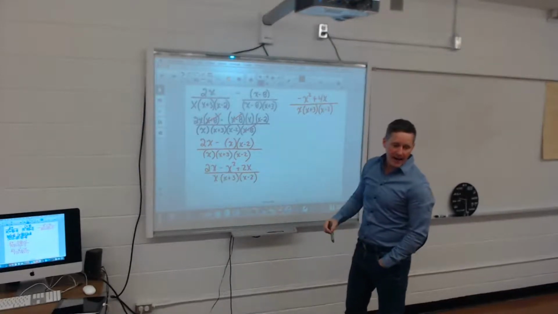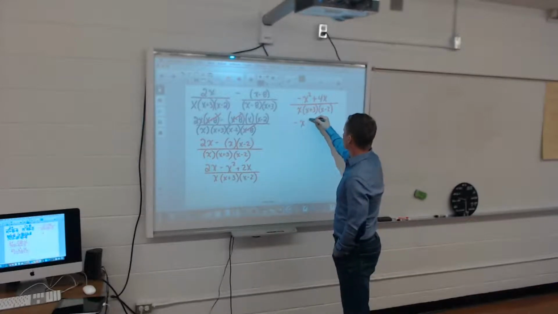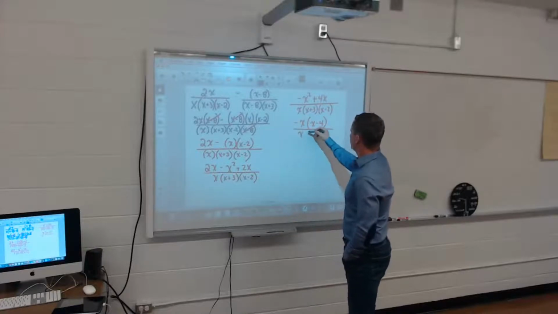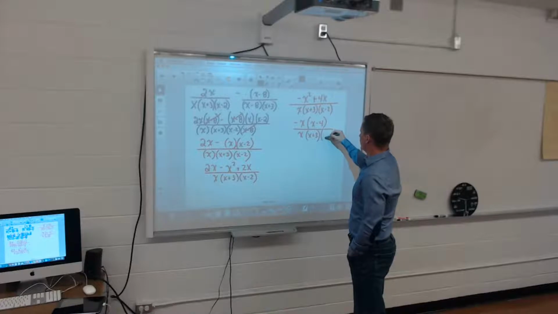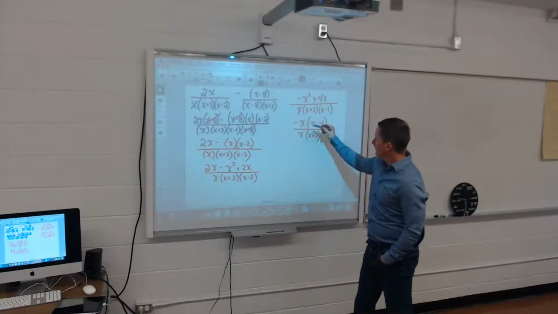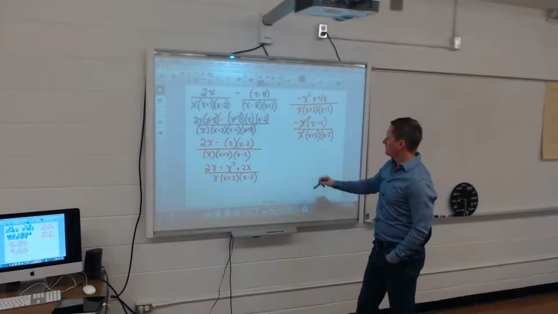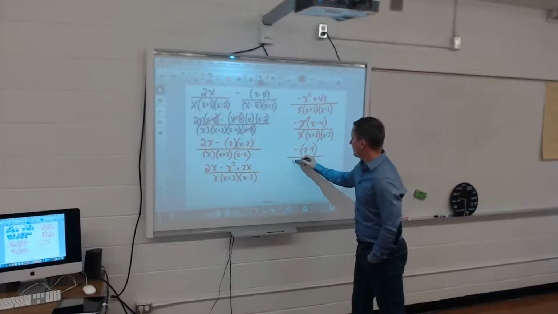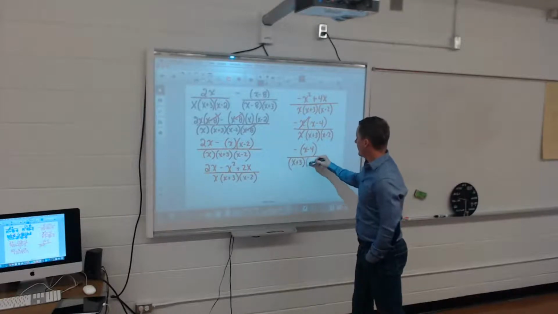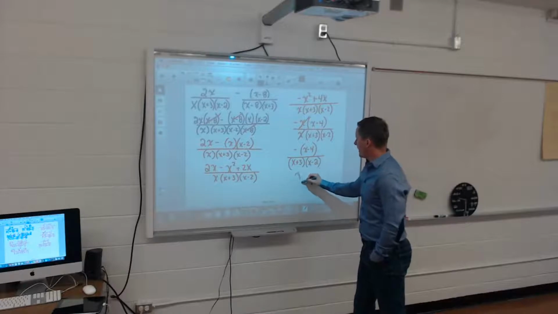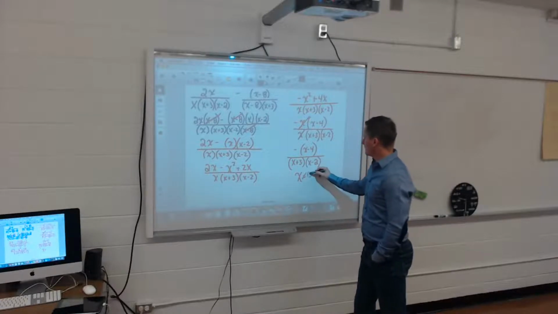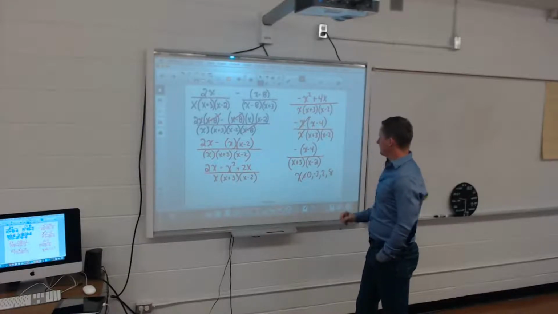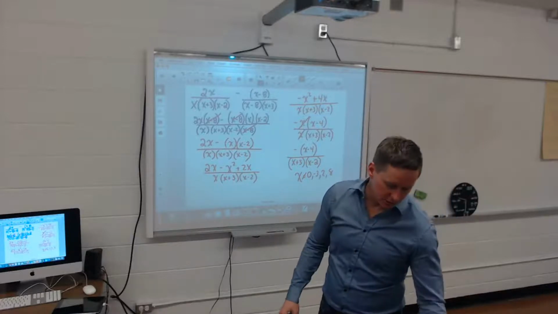I can factor out a negative x. That leaves me with x minus 4 on top over x, x plus 3, x minus 2. Those x's will cancel with each other. So I'm left with negative x subtract 4 on top, x plus 3, x minus 2 on the bottom. X cannot equal 0, negative 3, 2, 8. There's my solution.